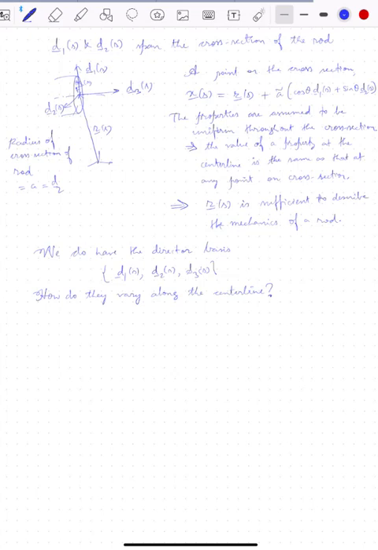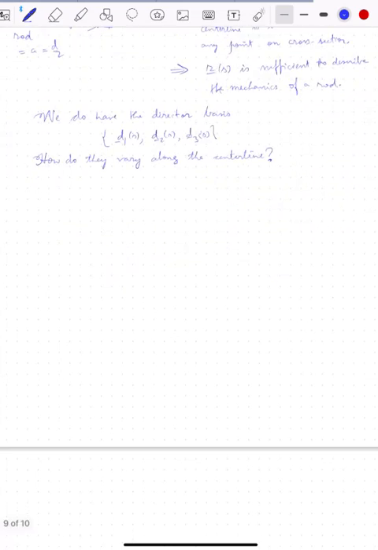This is the question that comes to mind. In such a scenario we require some sort of evolution equations, which we call frame evolution equations.